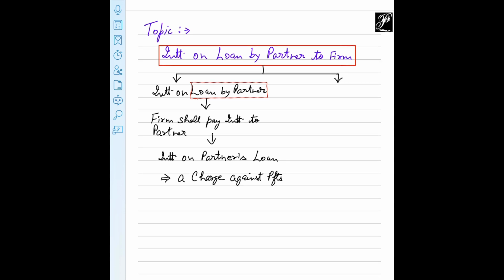Number one thing, it is a charge against profits. And then the second thing is the rate of interest to be used to allow interest to the partner.